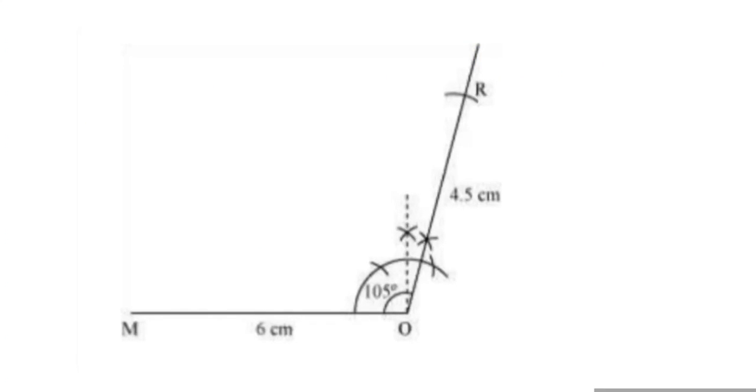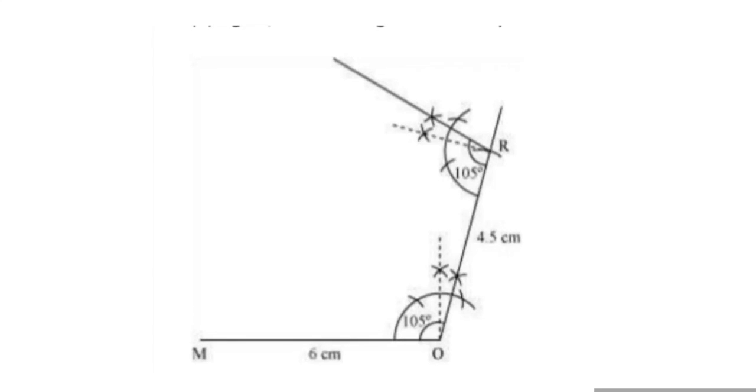Number 1, first draw a line segment MO equal to 6 centimeter. Now we will draw an angle of 105 degree at point O, as vertex R is 4.5 centimeter away from the vertex O. Cut a line segment OR of 4.5 centimeter from this ray.